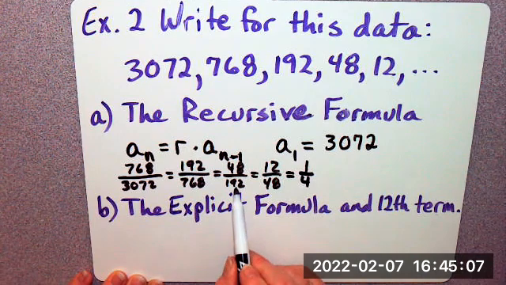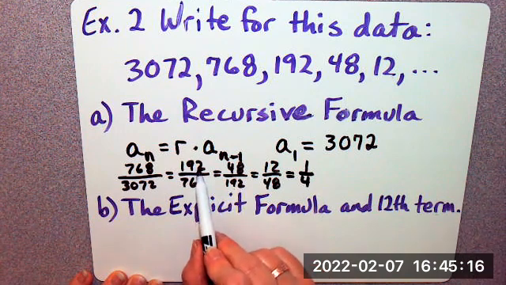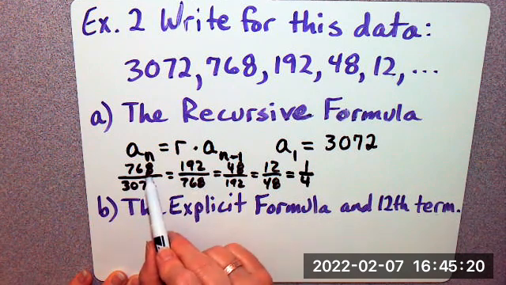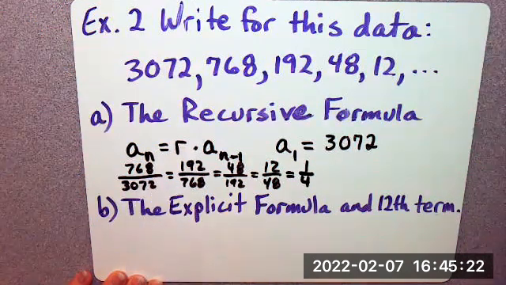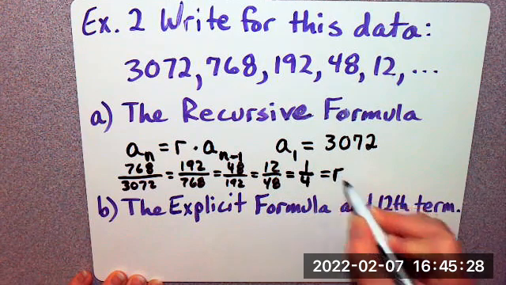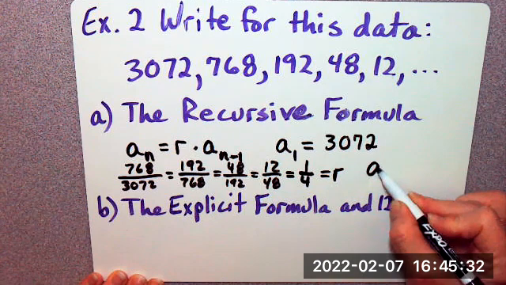If I multiply 48 by 4, I do get 192. If I multiply 192 by 4, I do get 768. If I multiply 768 by 4, I get 3072. So r is 1/4.